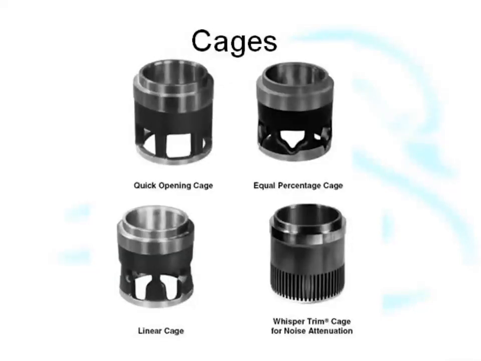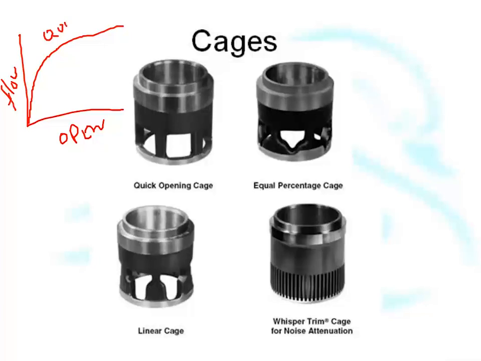For instance, you can have what's called a quick opening valve. With a quick opening valve, this is open, this is flow. When you open it a little bit, loads of flow comes out. That's quick opening.